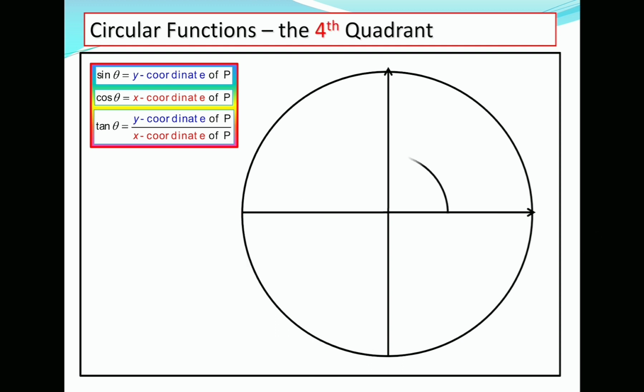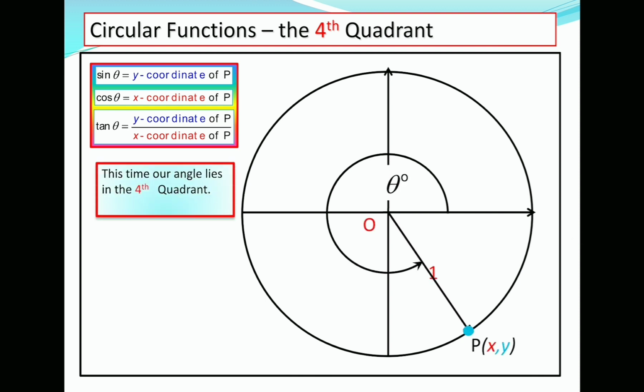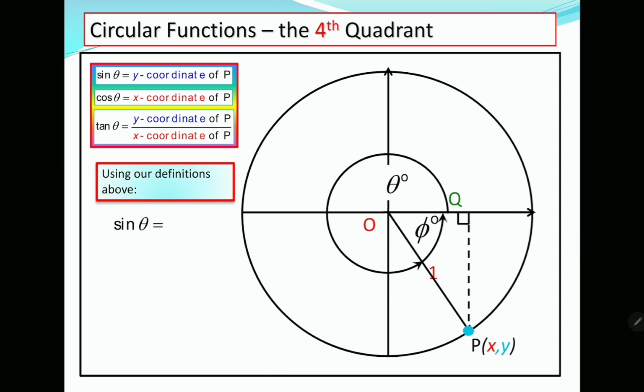For the fourth quadrant, let's say this is theta, and the acute angle is phi. Of course, sin phi, cos phi and tan phi will be positive. Now, what about sin theta and cos theta? As theta lies in the fourth quadrant, obviously cos theta will be positive and sin theta will be negative, as y is negative and x is positive.